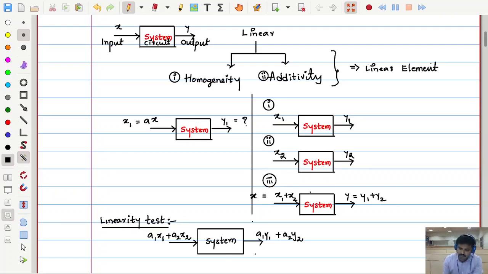Now, homogeneity is just like a scaling operation. I'll tell you what scaling means.